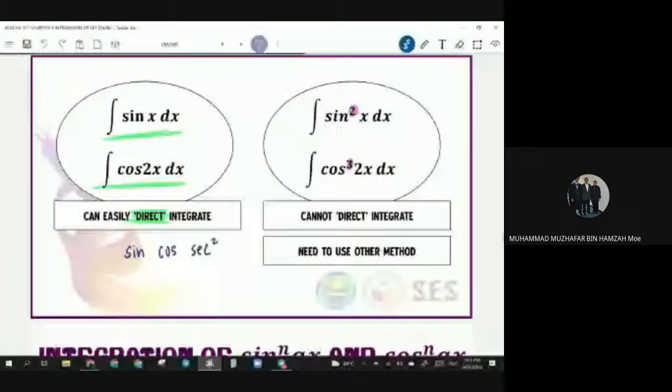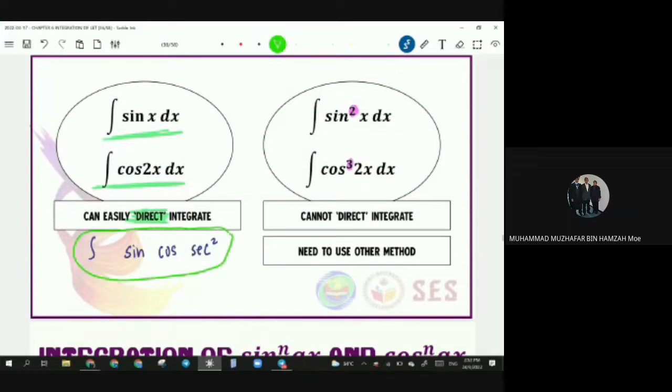Ini je yang kita tahu how to integrate. Kita tak tahu how to integrate sin square, how to integrate cos cube, cos square, cos kuasa 5, sin cube and so on. Boleh? So apabila kita punya sin atau cos itu ada kuasa which is not 1.